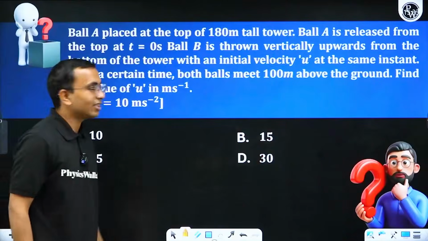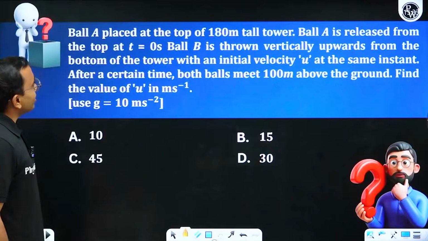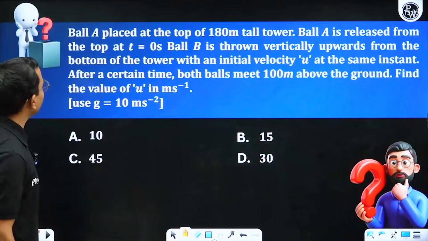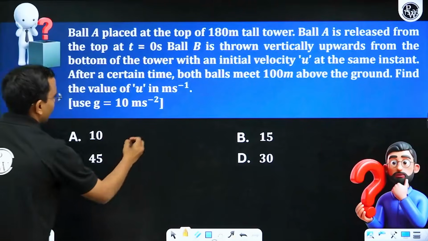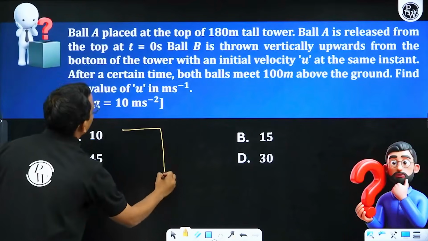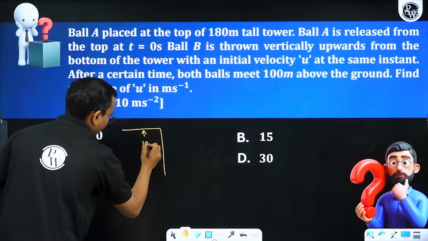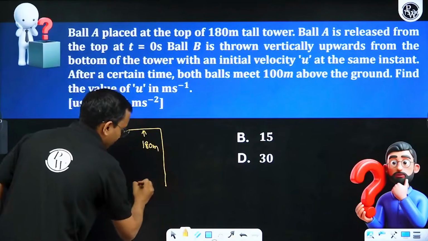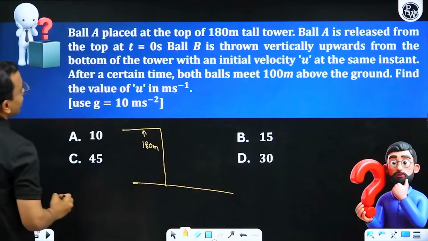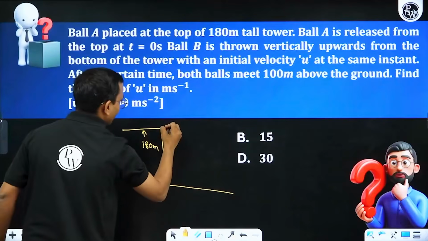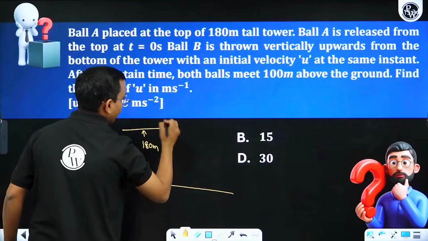Come to the question. Ball A is placed at top of a 180-meter tower. So this is the 180-meter tower. Ball A is released at t equals 0, so here it is released.